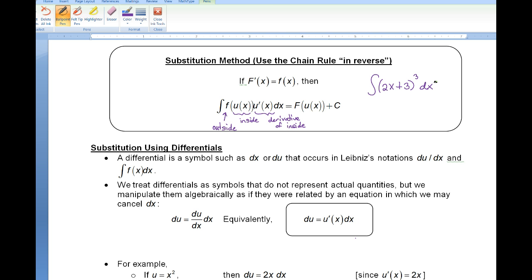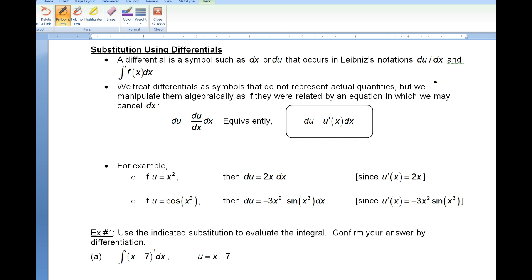Okay. This is where we use what are called differentials. Let me explain differentials because I know we skipped some of that in chapter 4.